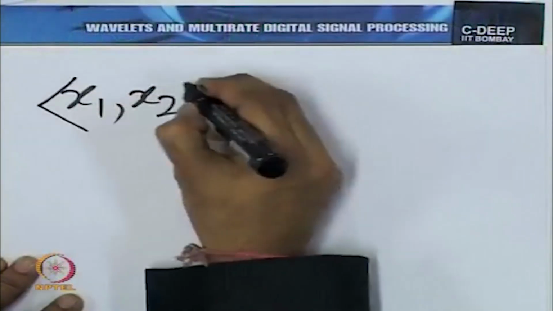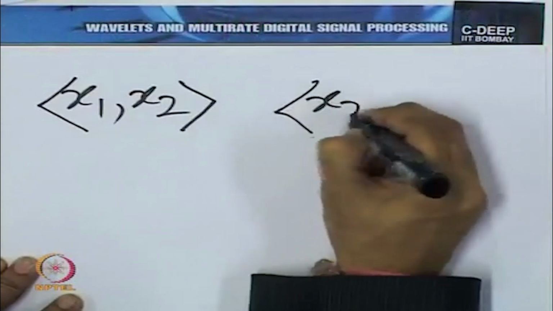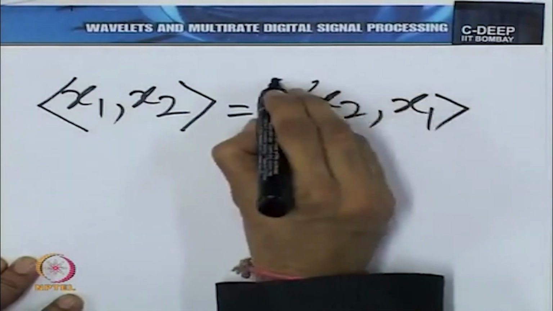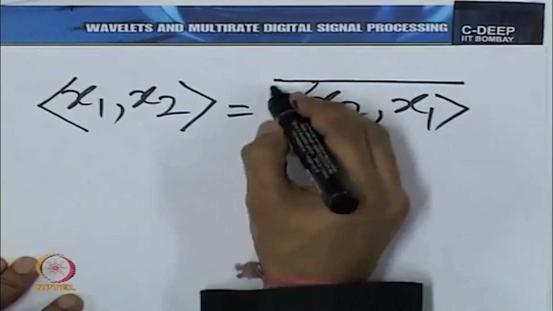Now, one point to note here when we make this little change is that commutativity property is lost. So, if I take the inner product x 1 with x 2 and then if I take the inner product x 2 with x 1, there is a complex conjugate relationship.